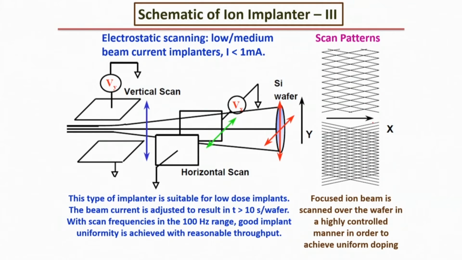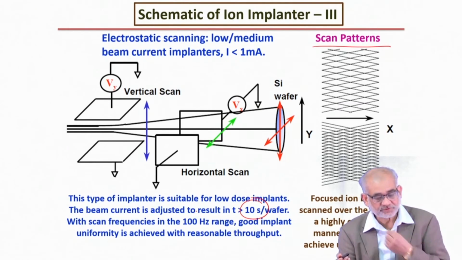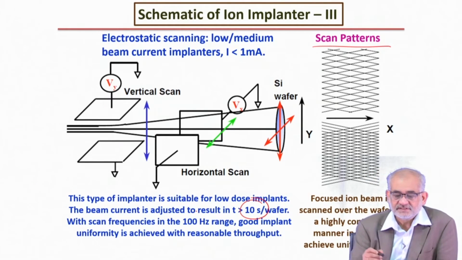So you need certain scanning over the surface, certain rastering over the surface, and there are different patterns possible which will allow you to raster and then integrate over a certain surface area. So typically this is the kind of time scale per wafer that you implant, because too high an exposure will create not only very high damage but also a local temperature rise.